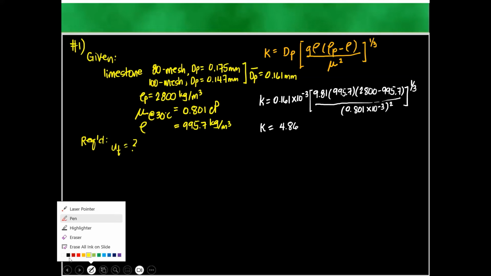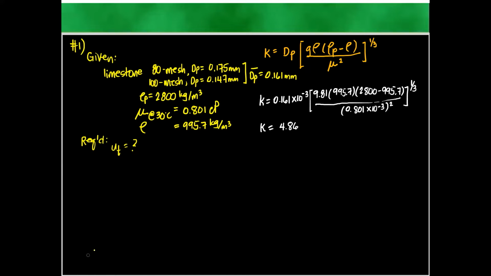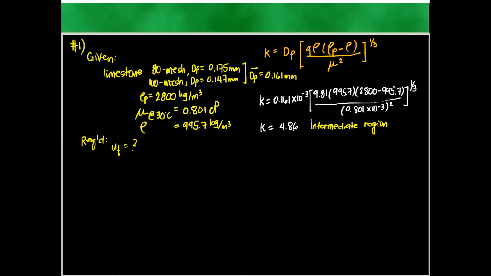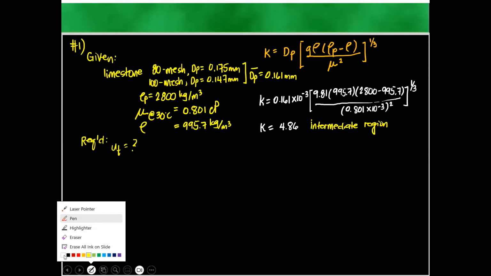You know that this one is in the intermediate region because K is greater than 2.6. So let's solve for the Reynolds number.